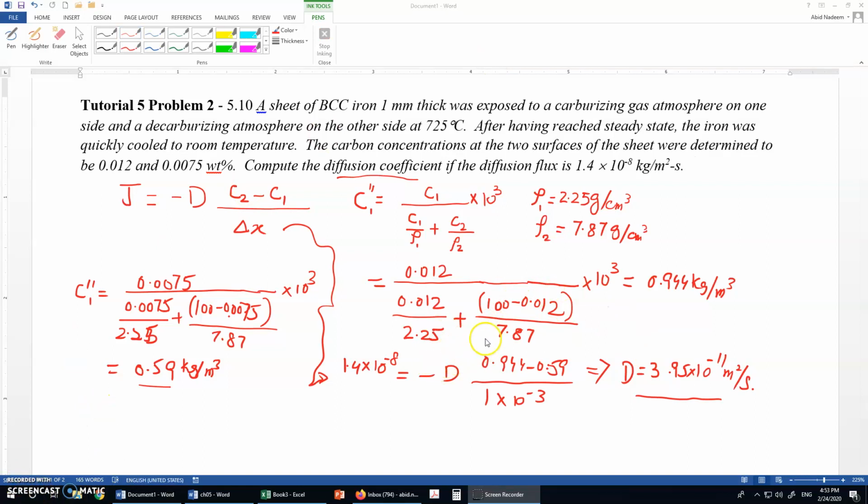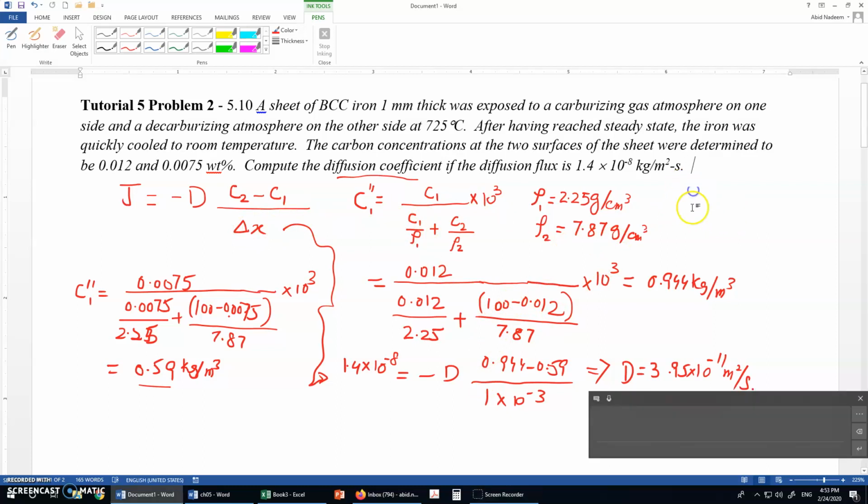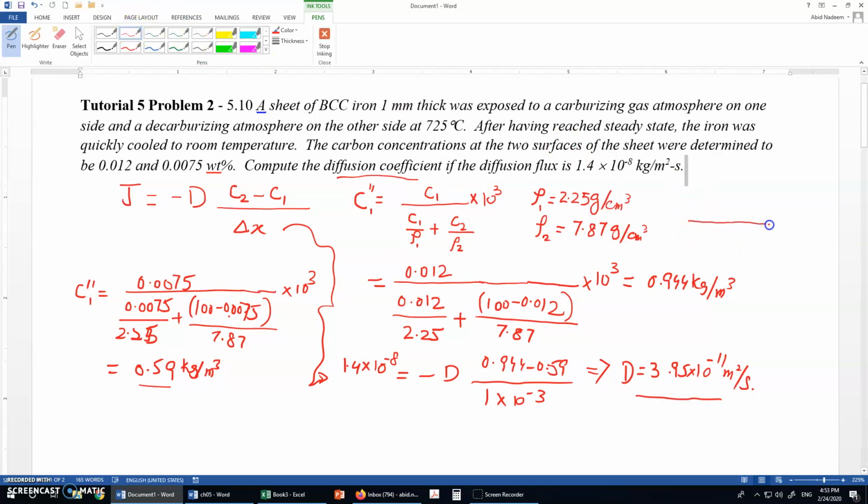One minor point: someone might say that the answer should be negative here, but I missed one point to tell. Delta x is measured from position 1 to position 2, corresponding to the higher and lower concentration.